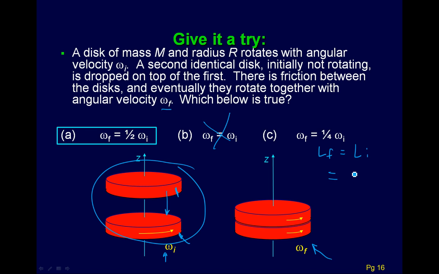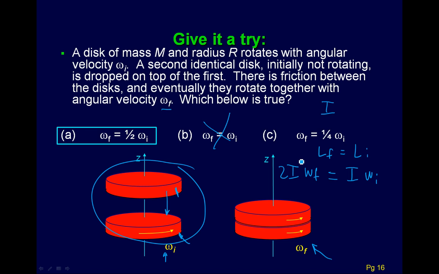So initially, I'm going to say the angular momentum, for the disk, I'm just going to call its moment of inertia I. And so it'll be I times omega initial. So that's the initial angular momentum. Afterwards, it's going to have 2I times omega final. Okay?